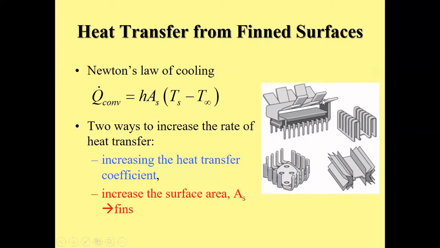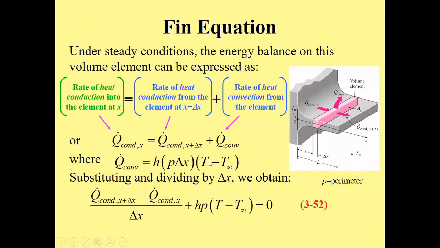From this equation, we can see that there are two ways to increase the rate of heat transfer, to increase the Q. First is to increase h, the heat transfer coefficient, and secondly to increase the surface area. For fins, we are looking at increasing this A, the surface area.